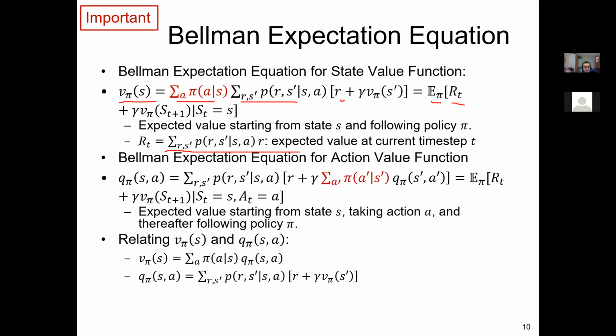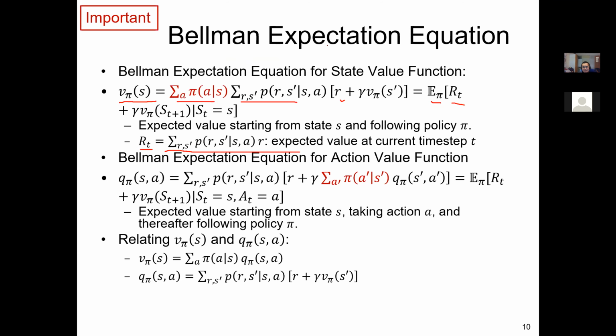So this expectation typically just means big RT is equal to small r. But in general, it's an expectation over all possible reward and next state.